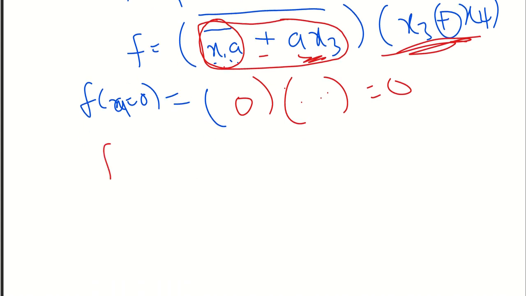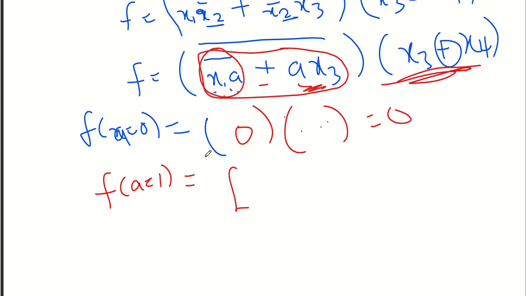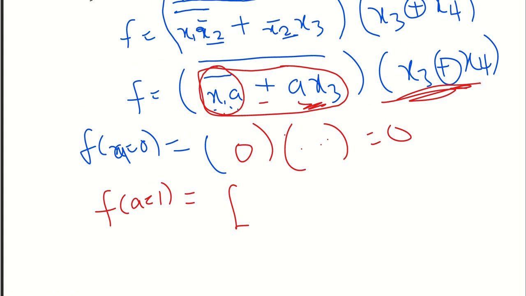Now let's do it for a equals 1. If a is equal to 1, then in the first bracket you get x1 bar, because x1 and a will give you x1, and there is a bar at the top.